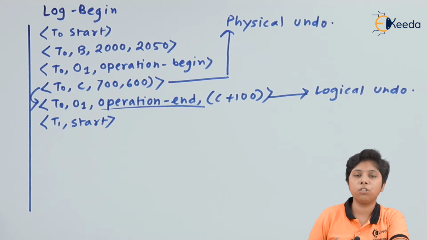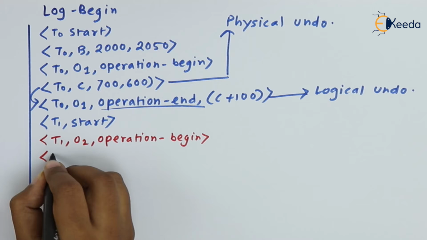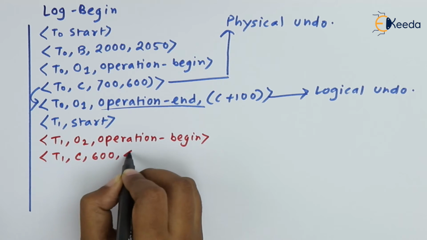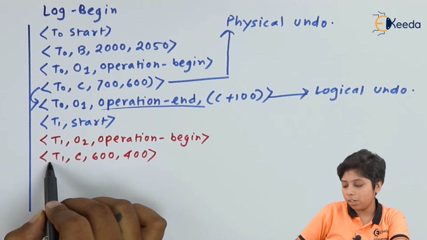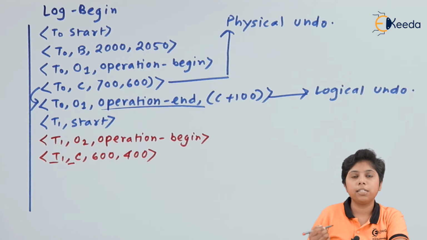Now we will introduce another operation on T1, which will begin. Now obviously T1 can access C and update the value, as the lower level lock on C has been released by T0.